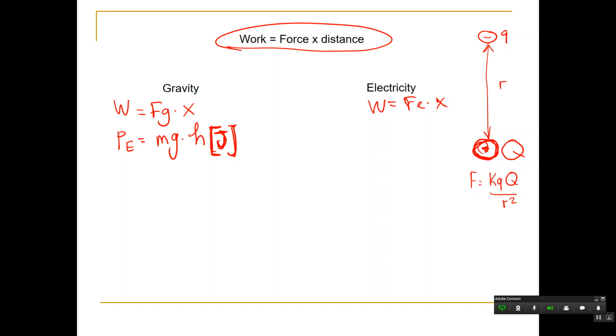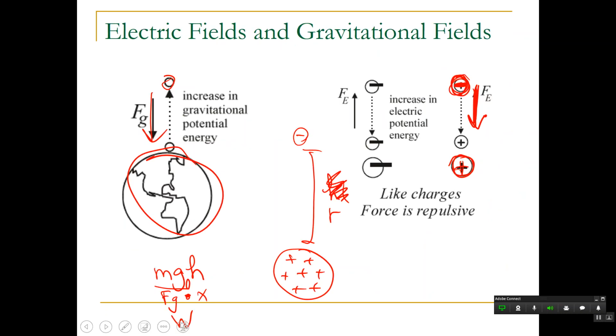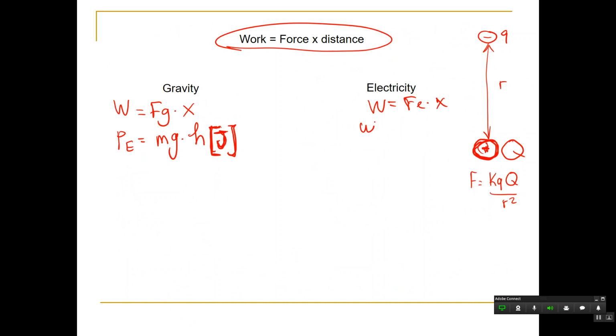R. Okay, so then if I rewrote that, the work is equal to k small q big Q over r squared multiplied by r, which gives us what? Exactly, so it'd be k small q big Q divided by r.